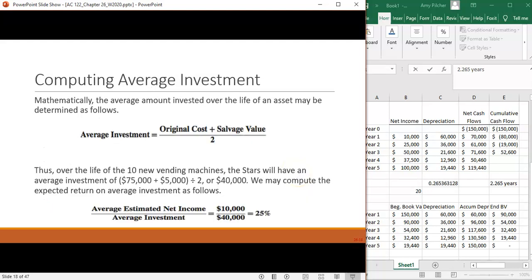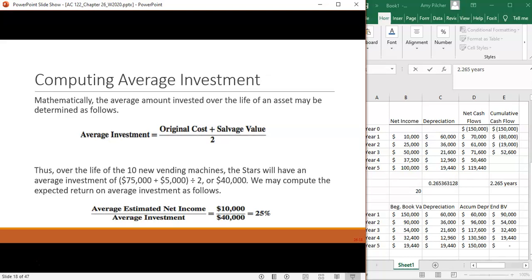So when we're trying to compute our average investment, we can see the calculation here. We have our original cost plus salvage value divided by 2. We're back to our example with the baseball team. So we have 10 new vending machines. They have an original cost of $75,000 and a total salvage value of $5,000.